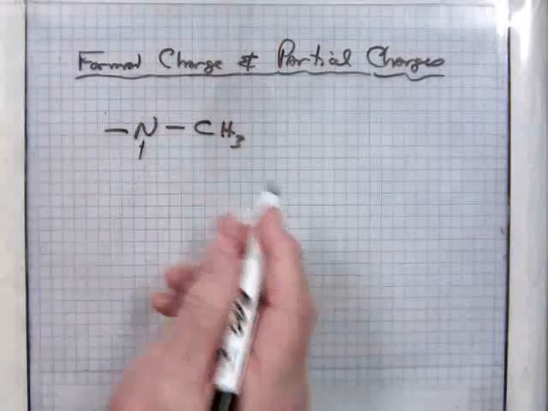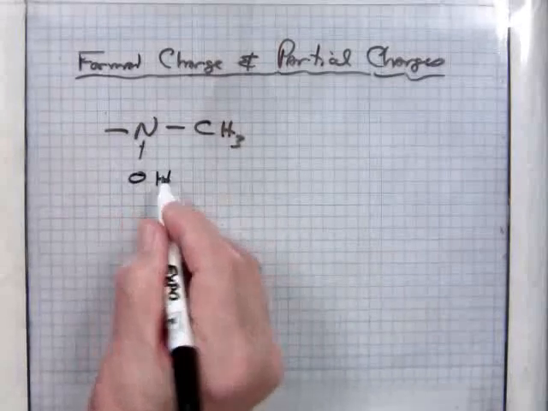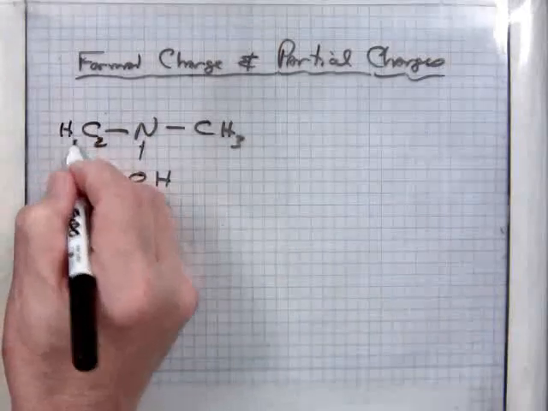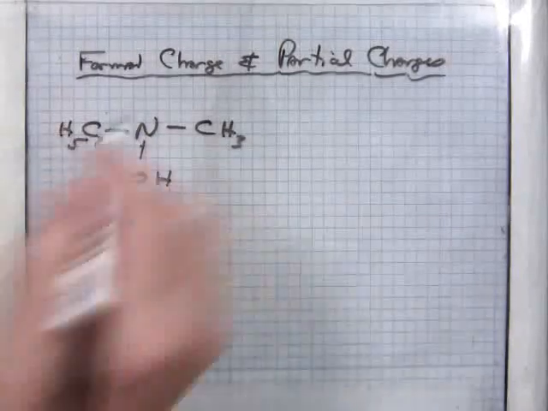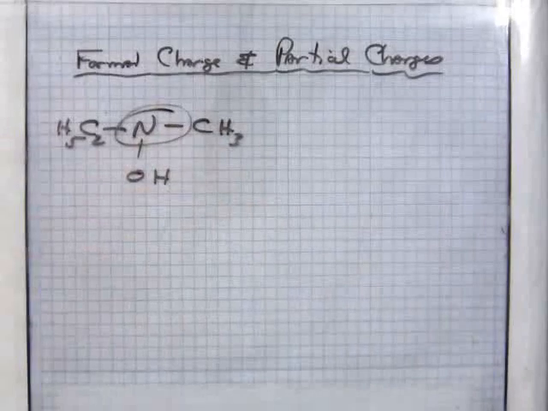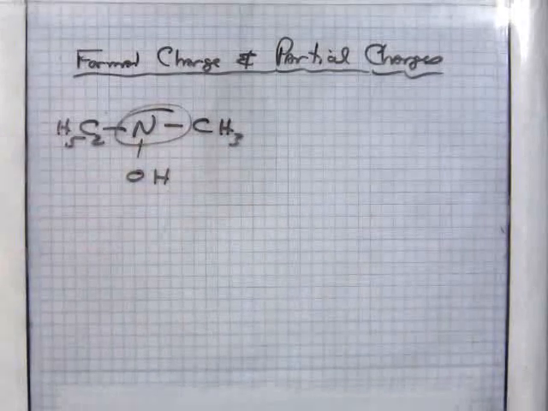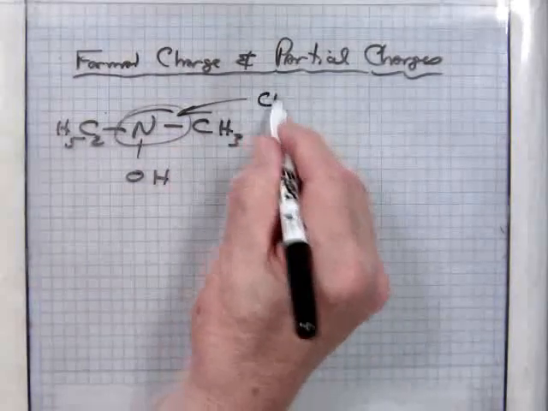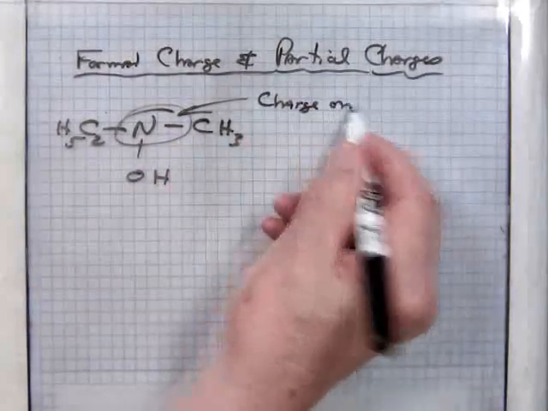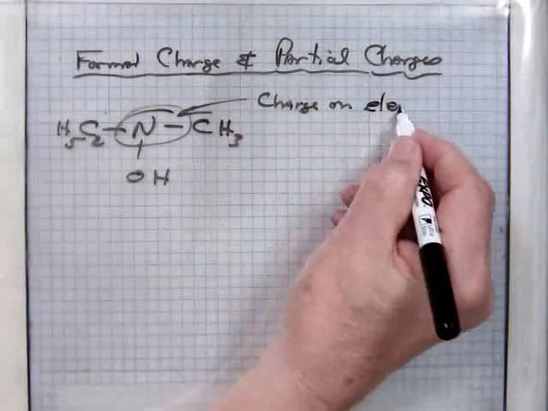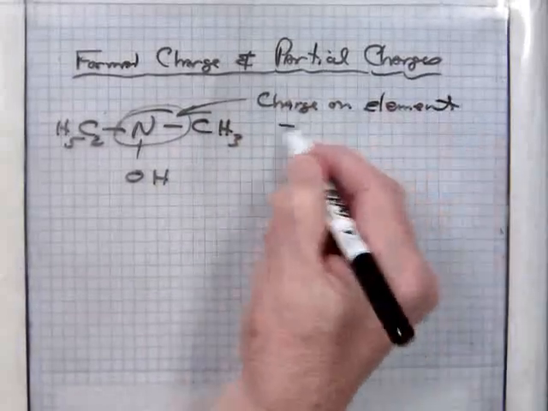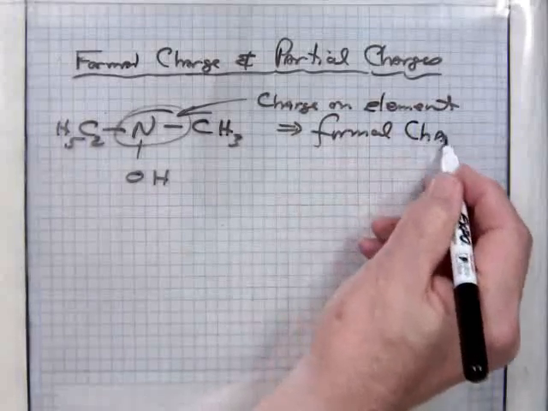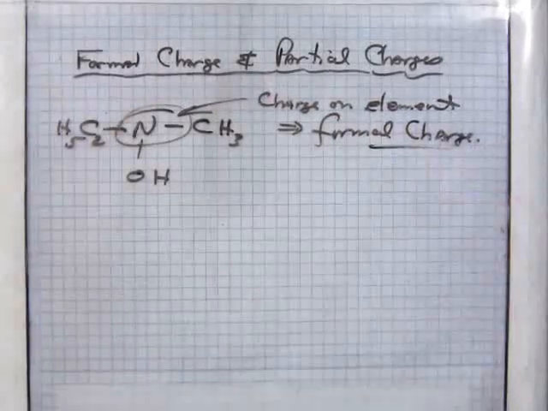And there you got that. What's the charge on this atom right there? When we talk about charge on that, we call it a formal charge. And they're pretty easy to calculate.